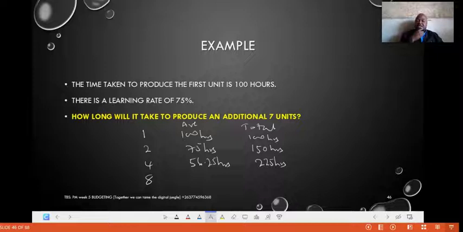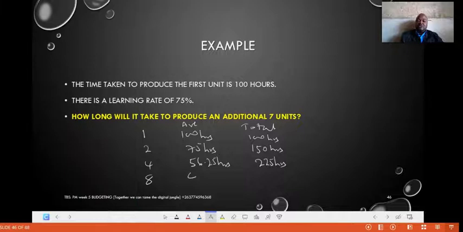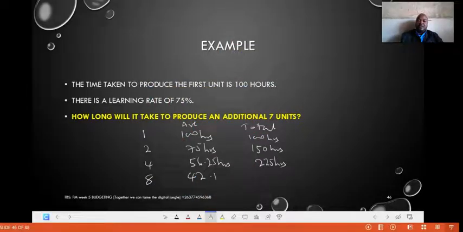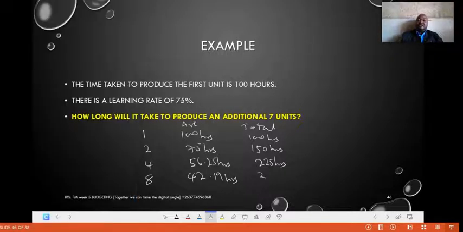Obviously, we multiply 56.25 by 75%. 56.25 multiplied by 75, we get the average time per unit of 42.19 hours. And multiplying by 8 should give us 337.5 hours.